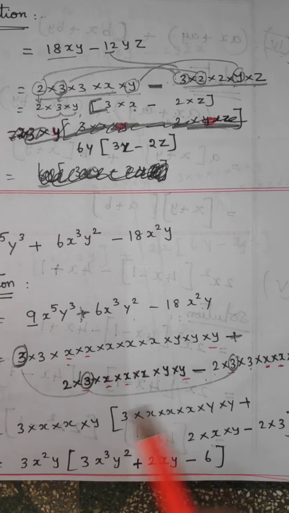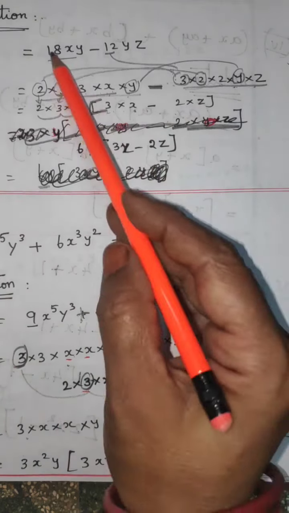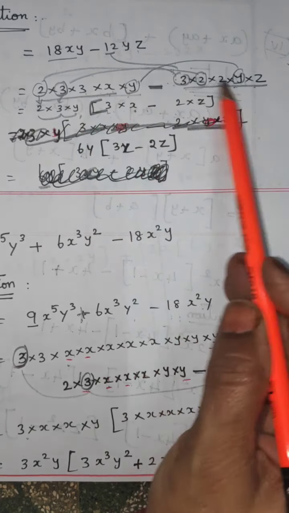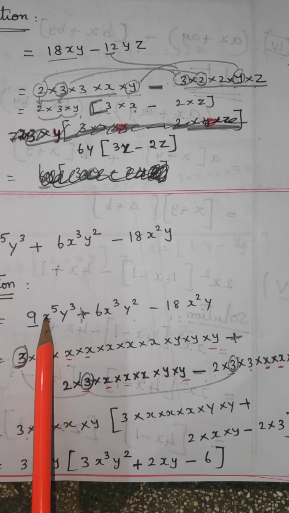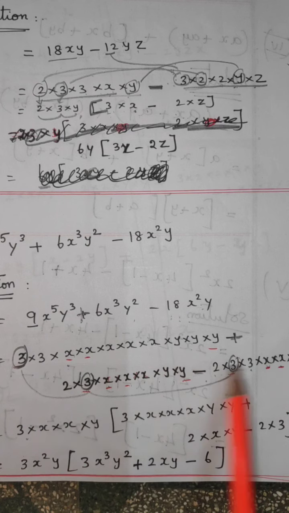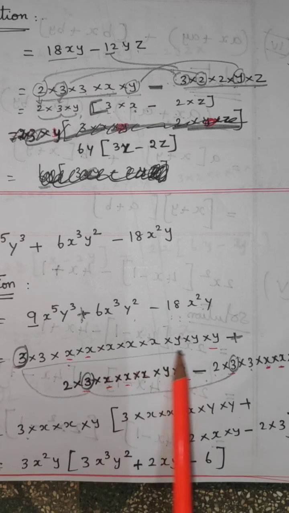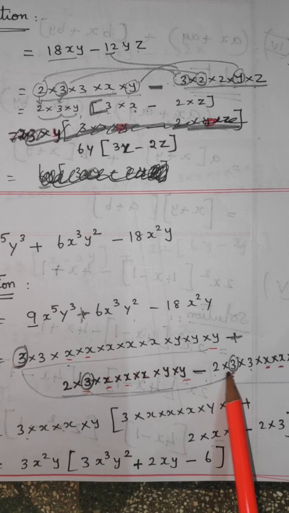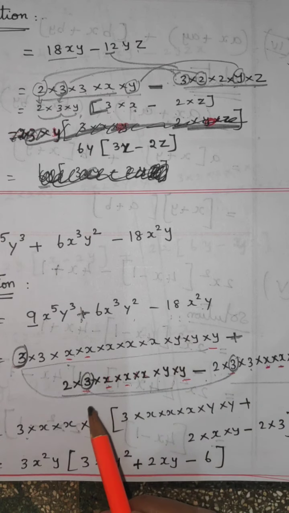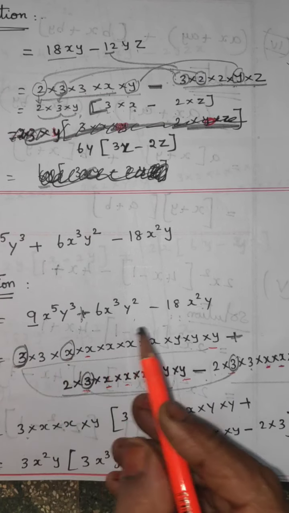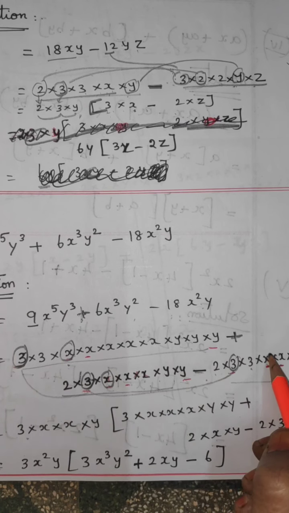From these 3s, write one 3. Here how many terms are there? 3 terms, so 3 numbers. Check all 3 terms: this is the first term, second term, third term. 3 is common, finished. Next x: here 1x, second term 1x, third term 1x.